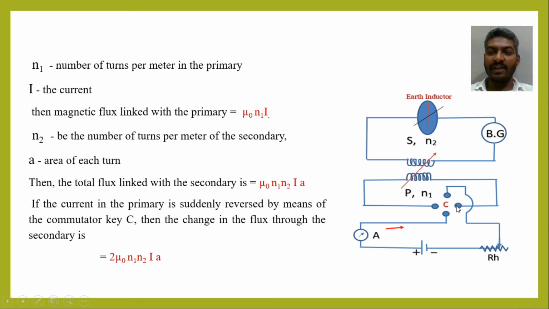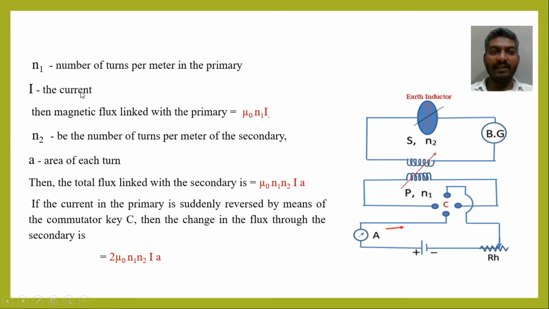Suppose if I reverse the direction, suppose if I connect these two terminals and then these two terminals, then current will flow in the opposite direction. To reverse the direction of current, we use this commutator C.